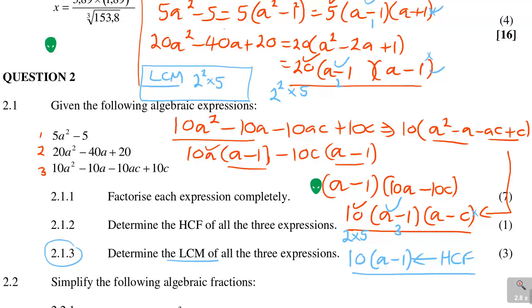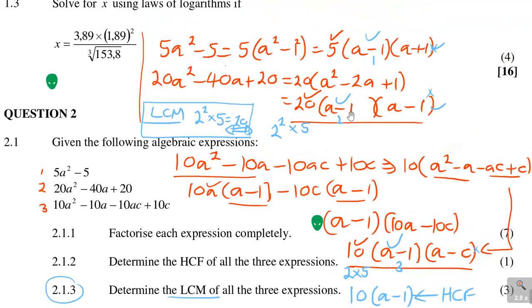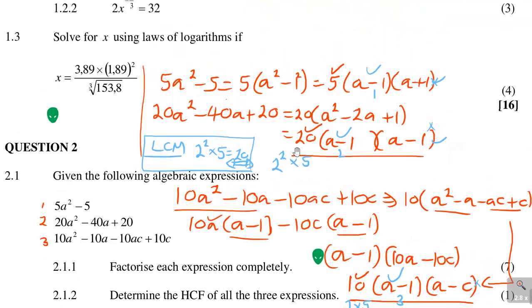So the LCM in here is 20, meaning the lowest common multiple of 5, 20 and 10 is 20, meaning the number into which 5, 20 and 10 can go without leaving a remainder is 20.